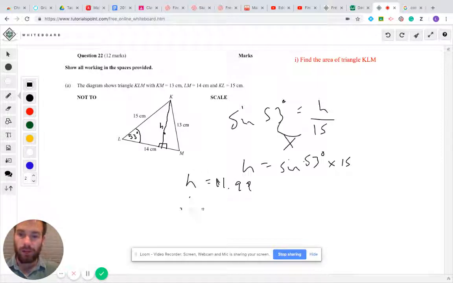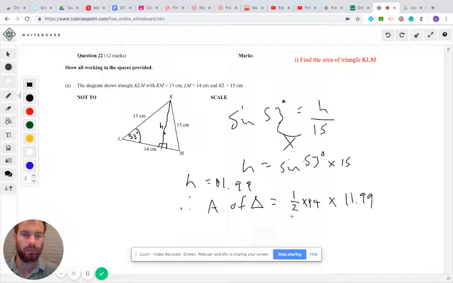Therefore, now it's as simple as coming down here, and the area of this triangle is going to be half of 14, which is 7, as we know, multiplied by my 11.99, pretty close to 12, and then I should be able to get the area of that triangle.